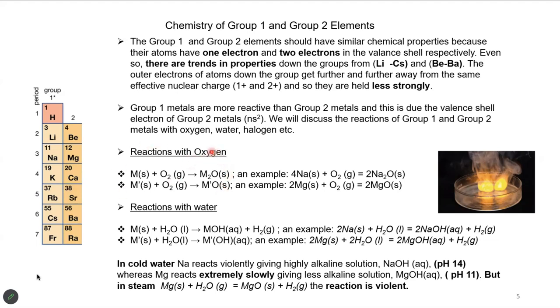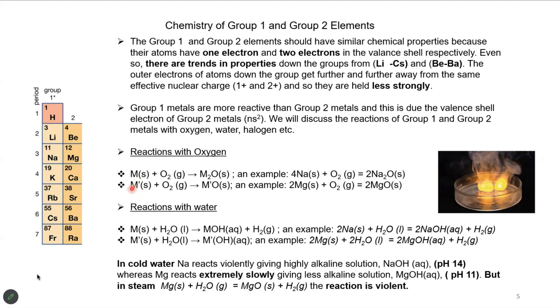So what happens if we react a group 1 metal with oxygen? We get a very violent reaction and form metal oxide. An example, we take sodium solid and oxygen gas, and then we get sodium oxide solid.